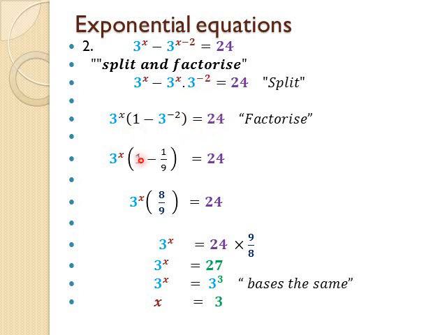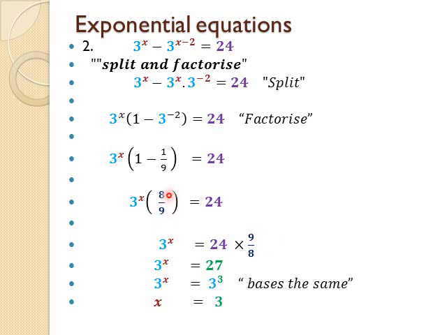So in the bracket, this becomes 1 minus 1 over 9. The 3 to the negative 2 goes to the bottom, 3 squared is 9. So 1 minus 1 over 9 gives me 8 over 9. To get rid of this, remember I want to solve for x, so I want that on its own. That would become 24 times the reciprocal of that, 9 over 8.